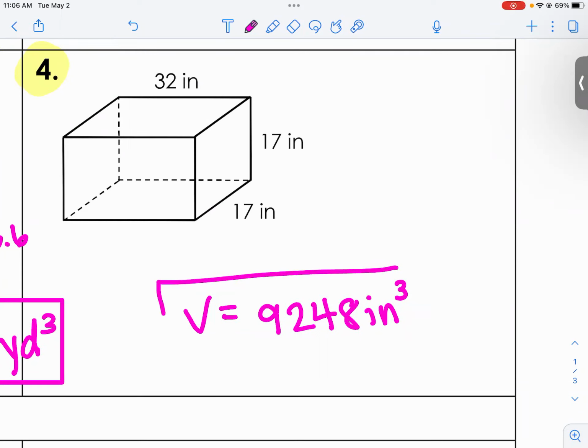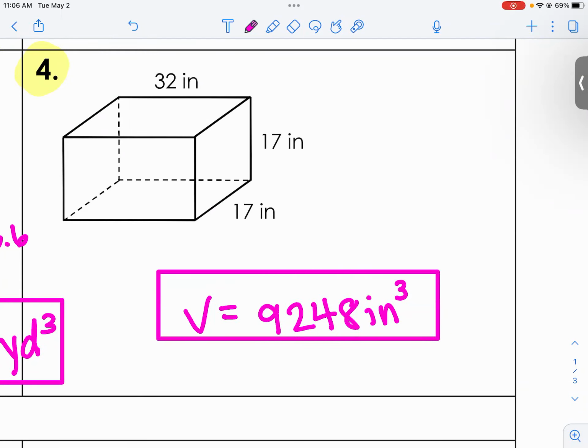I mean square. I mean, yeah, cube. Okay. Tyler got that by taking 17 times 17 times 32. Are we okay, Bray? Will you try it in your calculator again, just to make sure?